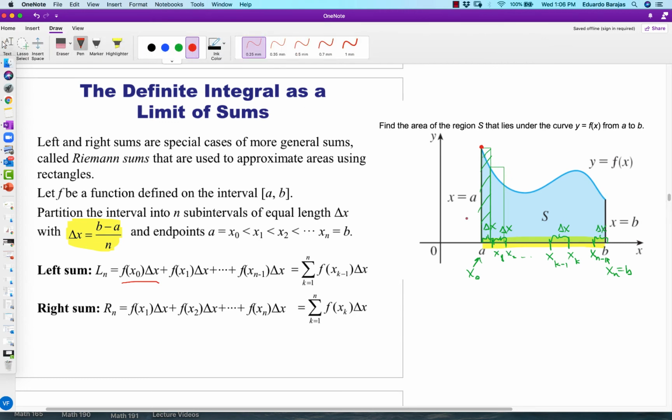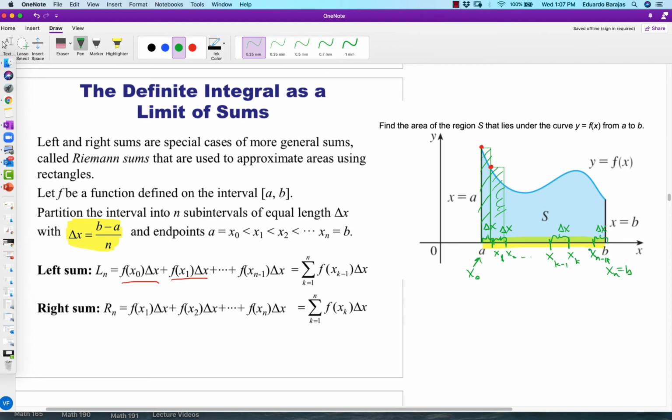The second rectangle has a height that is determined by this value, which is x sub 1. The multiplication of these two tells you the area of that second approximating rectangle, and that's how you get that one.